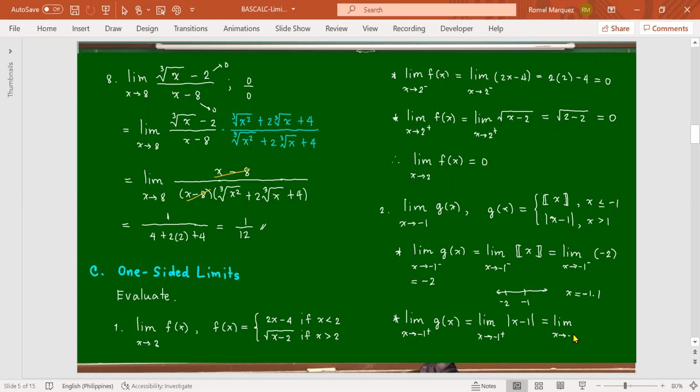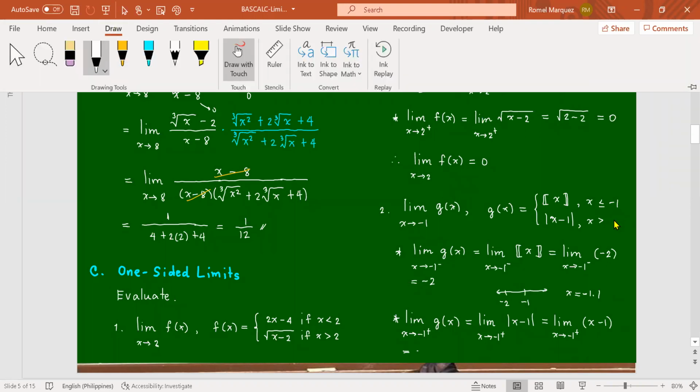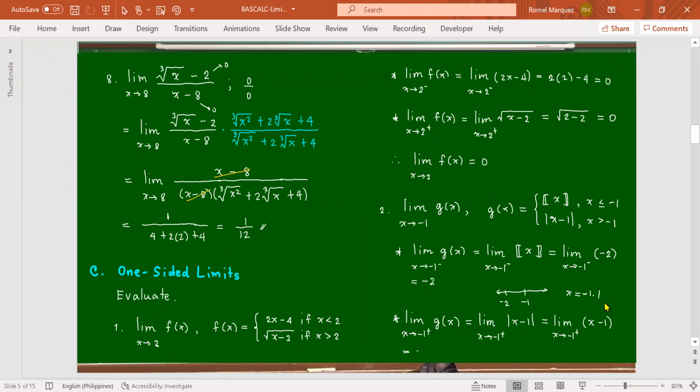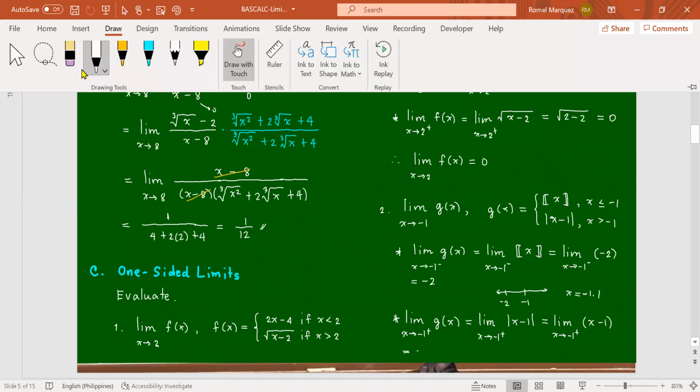Ano ang simplified form niyan? Ano ang limit niya? -1 o baliktad siya? Baliktad po. Kasi mali yung condition ko. May mali ako dito, guys. Kinorek ko to ha. Not intentional. I mean -1 to. So, dapat negative of that na. X is greater than -1, guys.